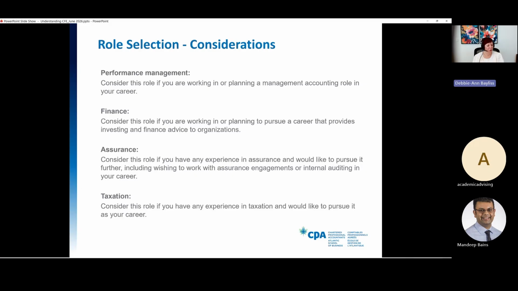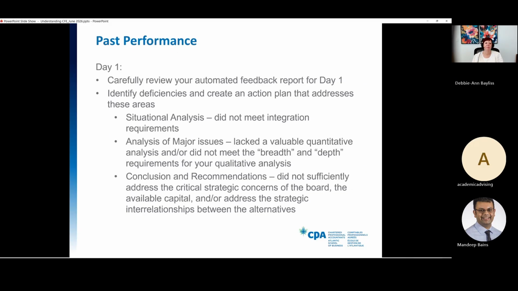That's critical. Are you interested in pursuing assurance, to be involved and work in assurance engagements or internal audit? For tax, do you have experience in tax? Is this a career that you're looking at? Are you strong in these areas?